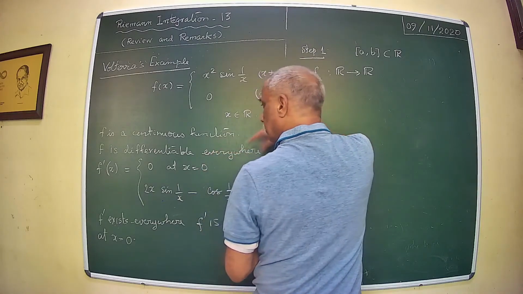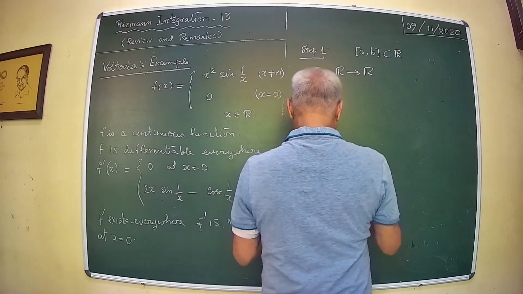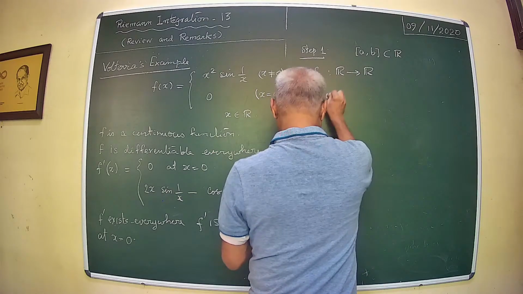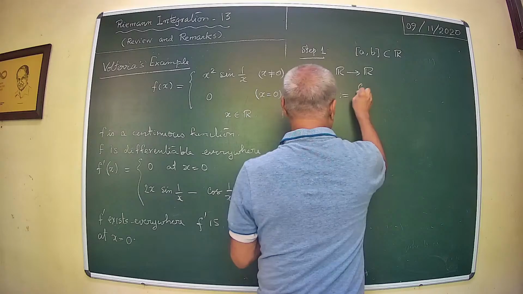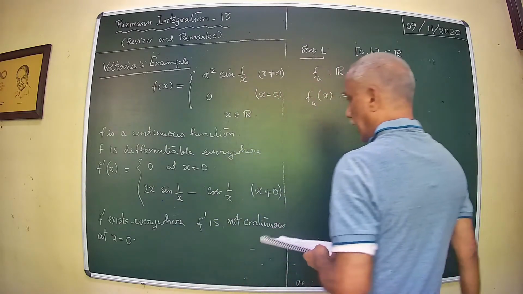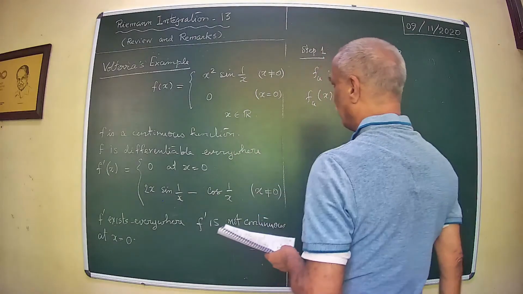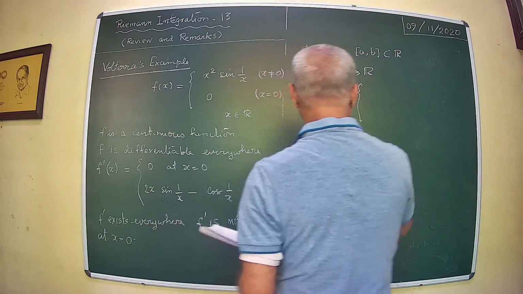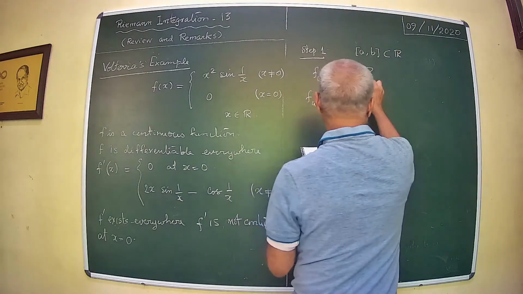When a equal to 0, you get this function. I think it may be worthwhile to look at the graph of this function also. So let me write this down and then after that I will go.